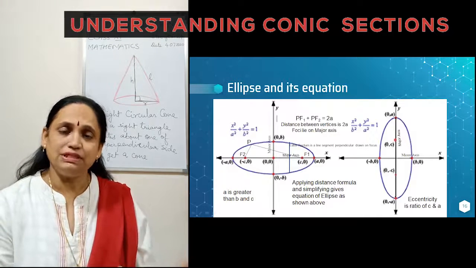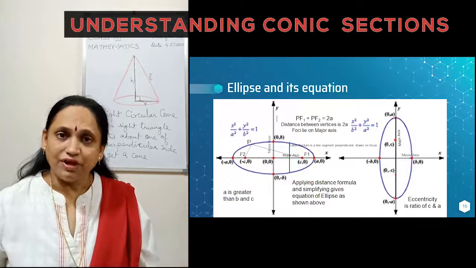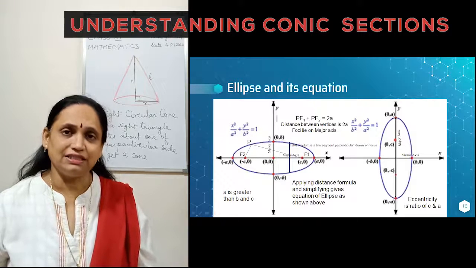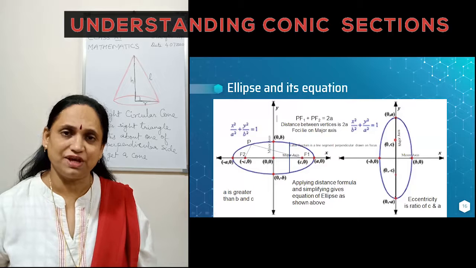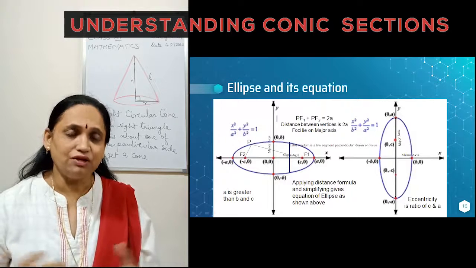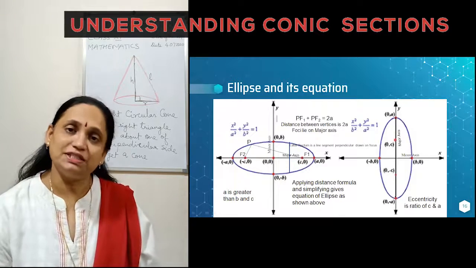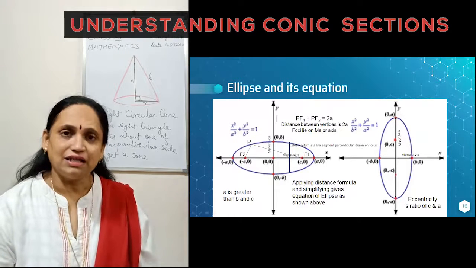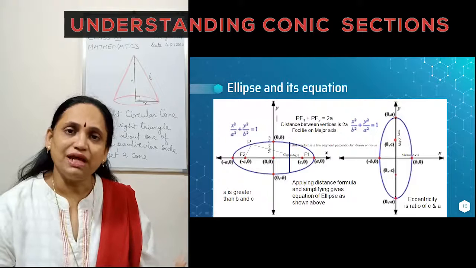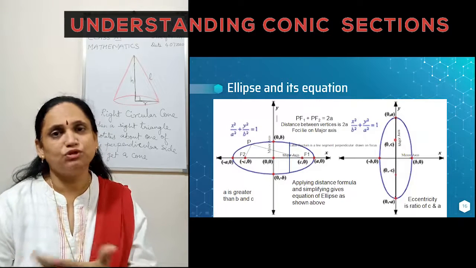Now, what happens at the vertex? When we find the distance from the foci to this vertex which we have taken, the sum would be equal to 2a, which is the length of the major axis. And that's how we come to know that PF1 plus PF2 is equal to 2a.